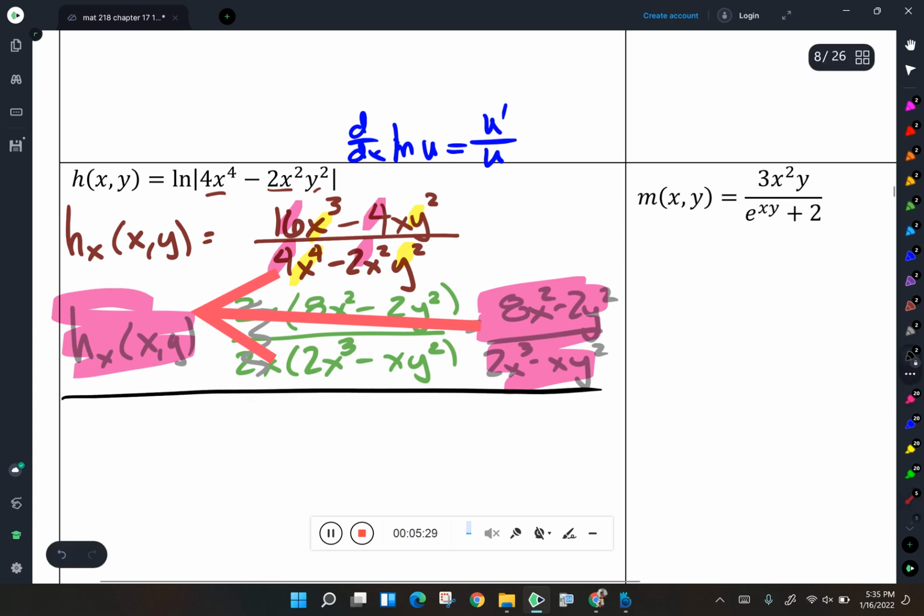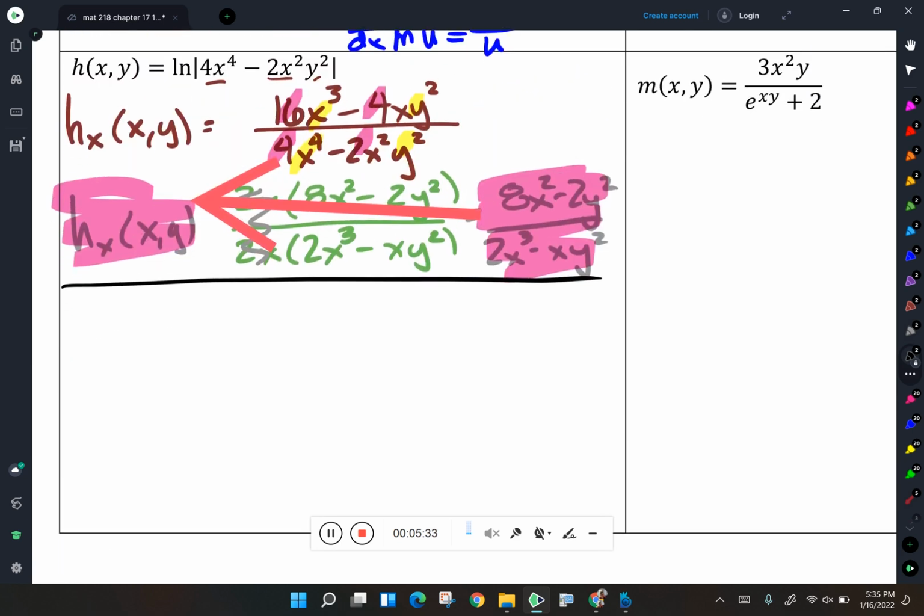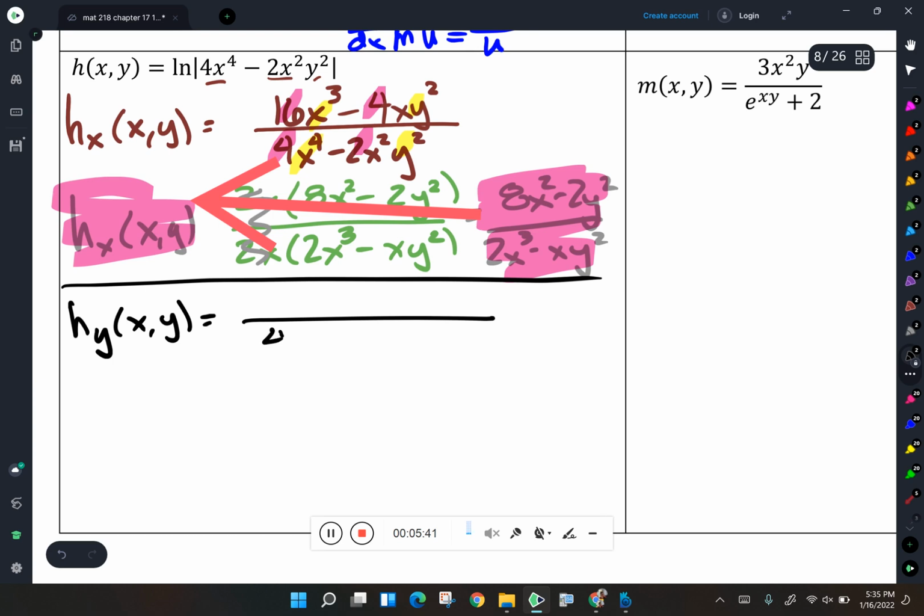Okay. Speaking of the partial with respect to y, let's go ahead and take that one. All right, h sub y, the first partial with respect to y. Going to be a fraction, denominator. Again, I'm doing lazy, so I'm going to do the easy thing first. My numerator needs to be the partial derivative of that argument with respect to y.